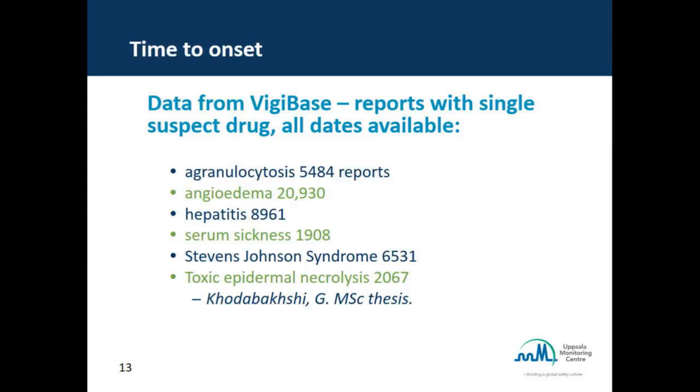know and it's new. But there was a study done at the UMC by Ghazalia Kodabakshi, and she looked at the number of reports of these serious disorders that are often drug-related: agranulocytosis, angioedema, hepatitis, serum sickness, SJS, TEN, that we've discussed.